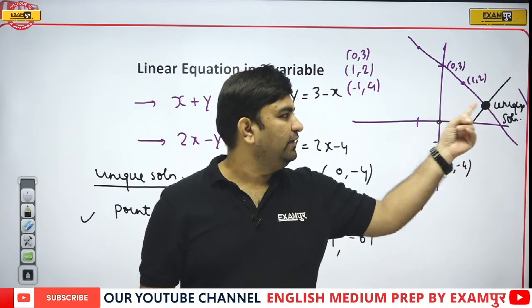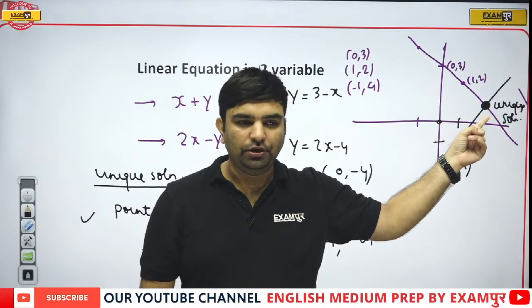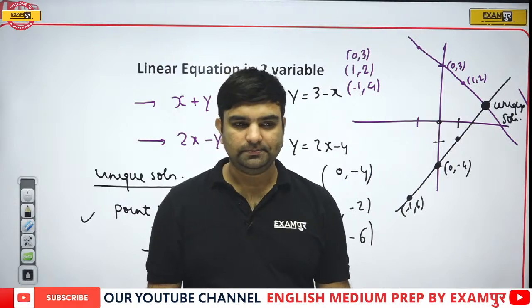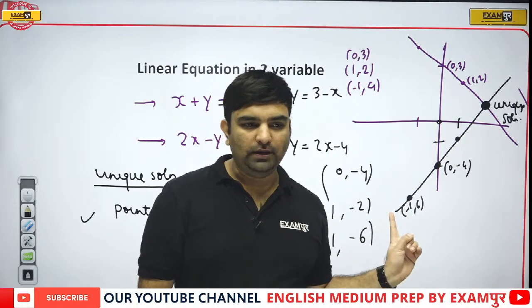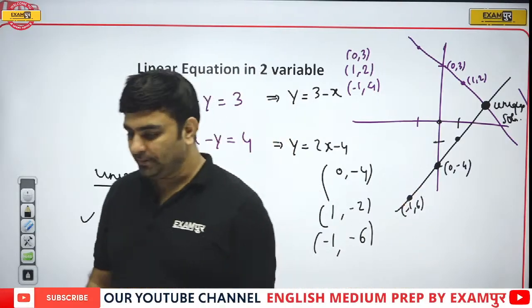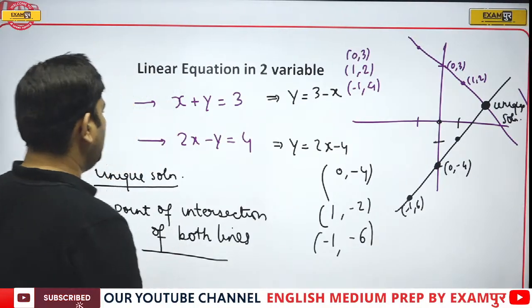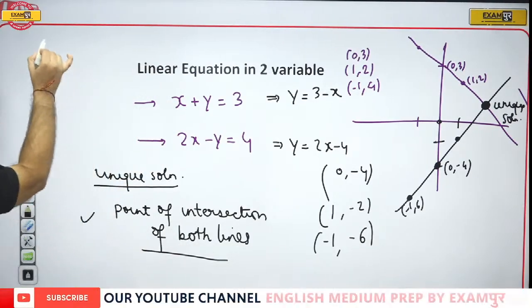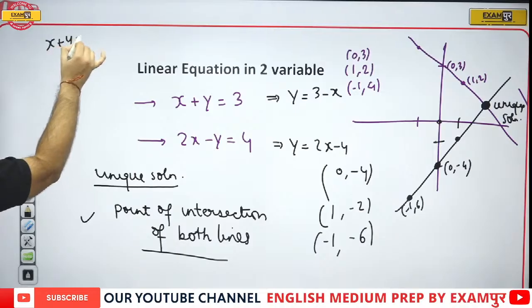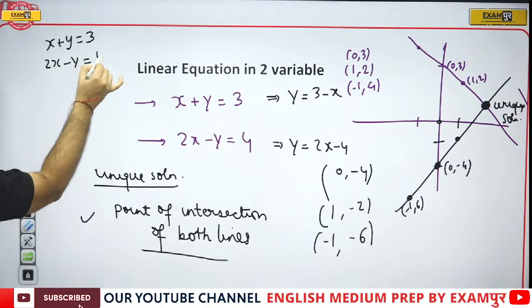And we can find that point of intersection as well by putting the value of y from one equation into the other equation, from our childhood methods. Like x plus y is 3 and 2x minus y is 4.